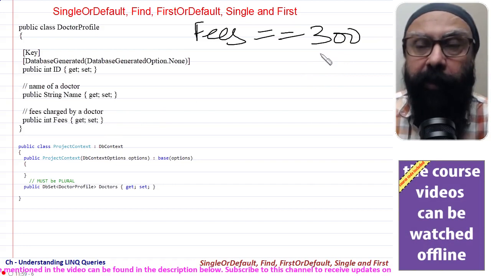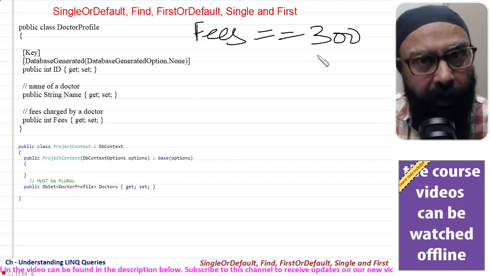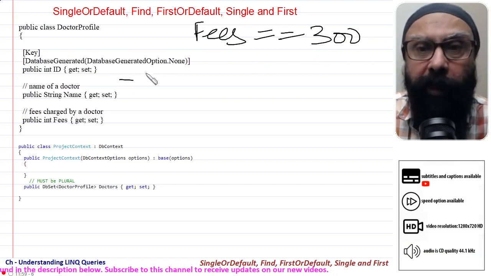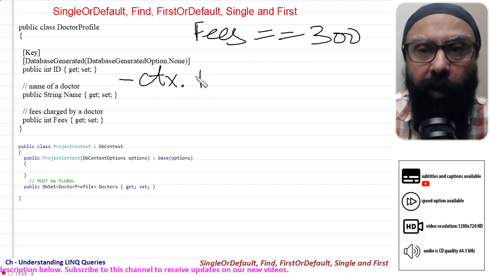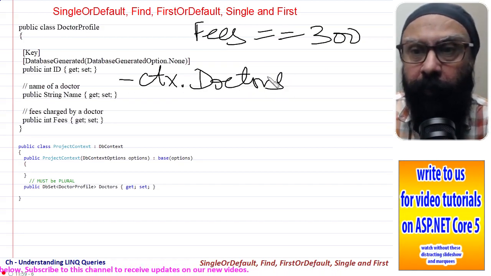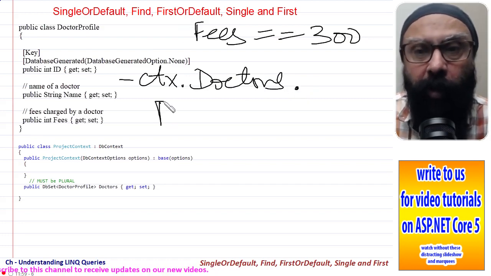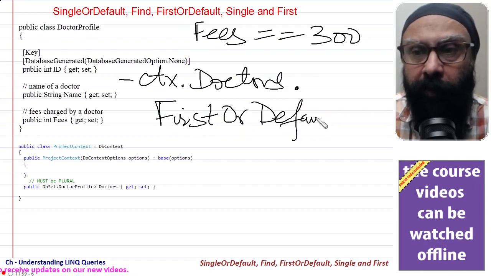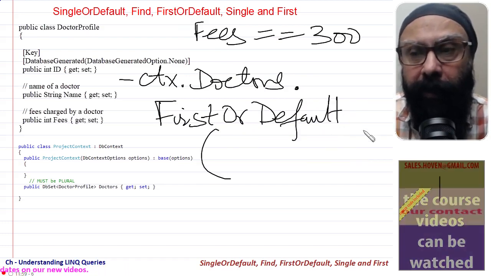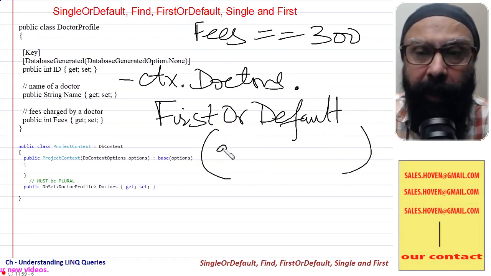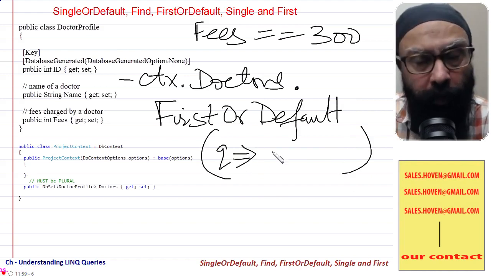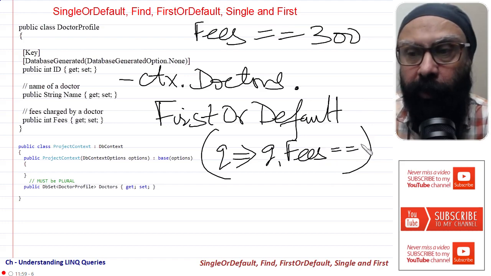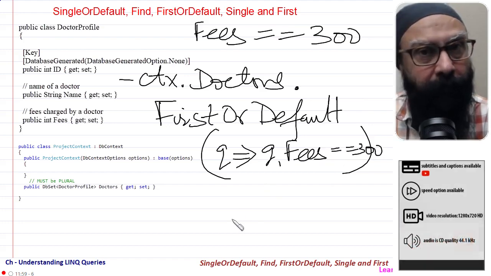So in this case, if the default ordering is followed, then you can say _ctx.Doctors.FirstOrDefault, and in this you pass this lambda: q => q.Fees == 300.